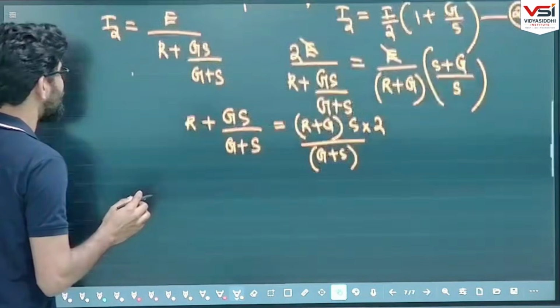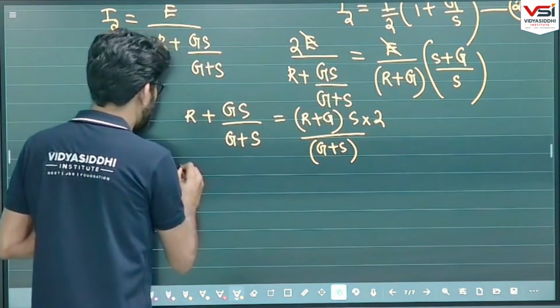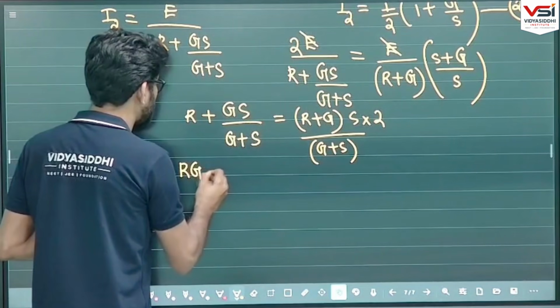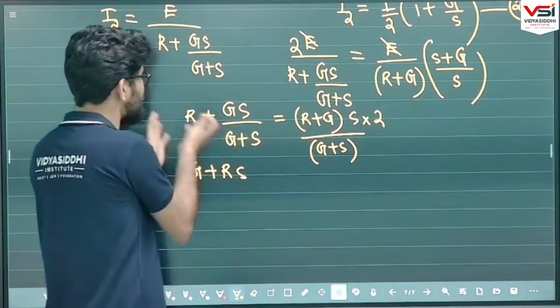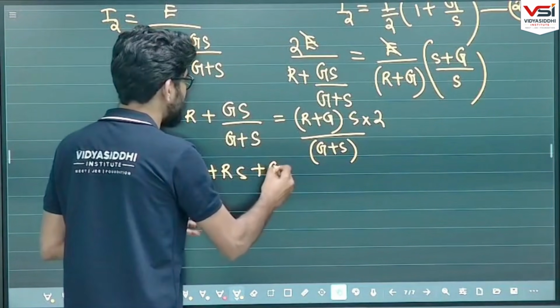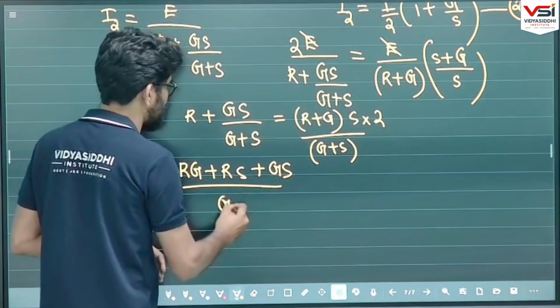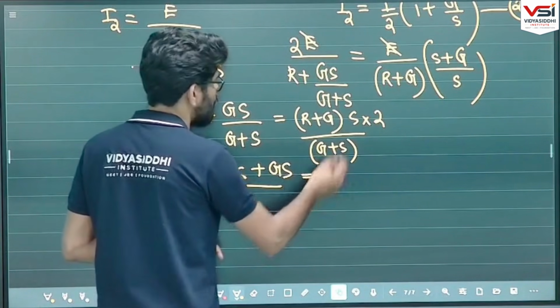So after that, on rearranging, RG plus RS, I multiplied by G plus S, plus GS divided by G plus S is equal to this thing.